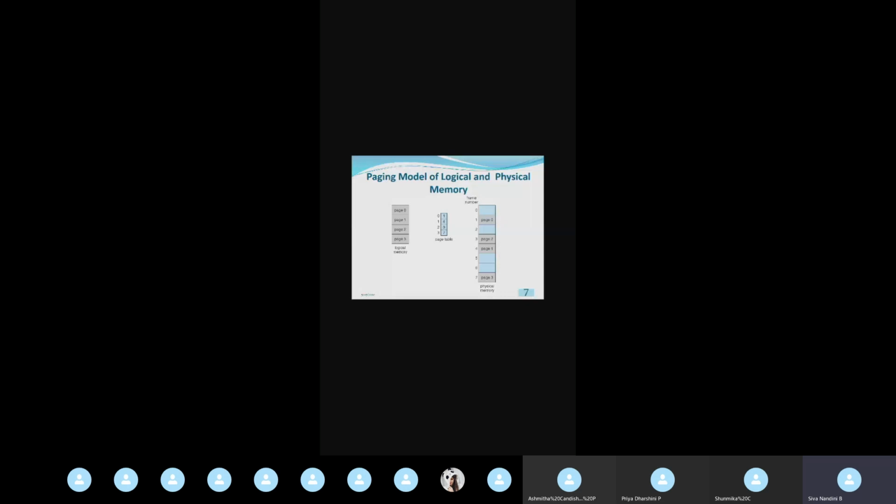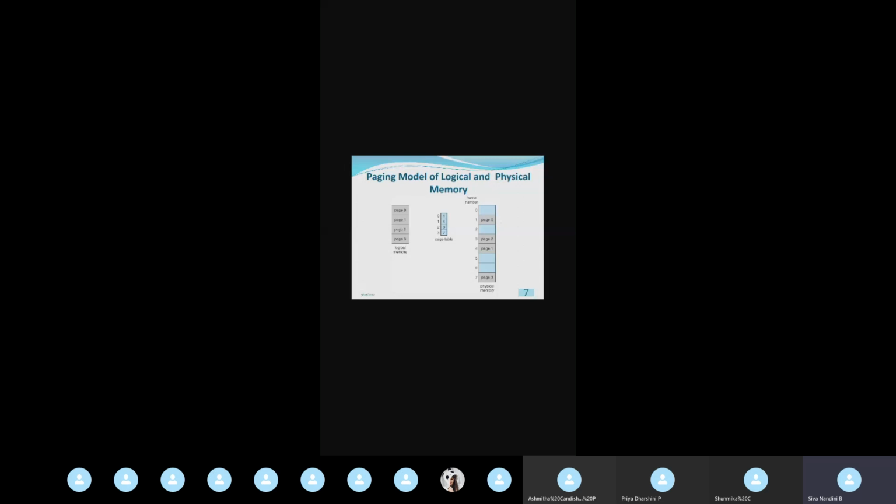In logical memory, the fixed size memory partition is named as pages. This logical address is generated by the CPU. This physical address is the address seen by the memory unit. So in logical memory, in this case, we are having 4 pages.